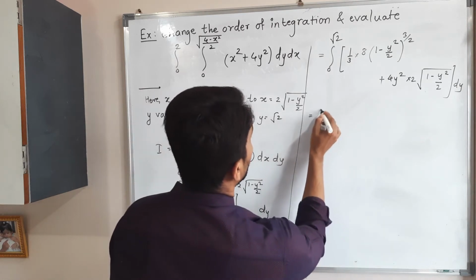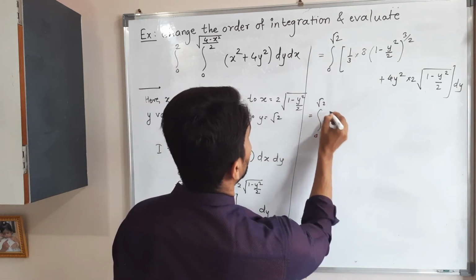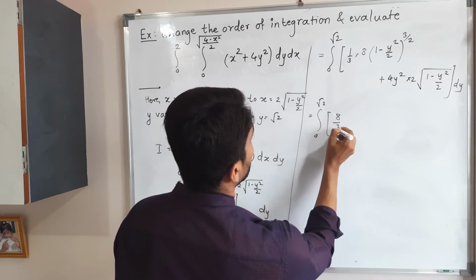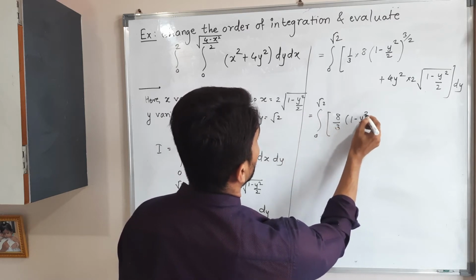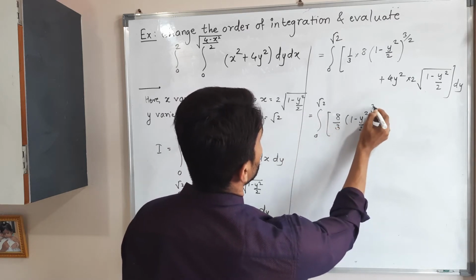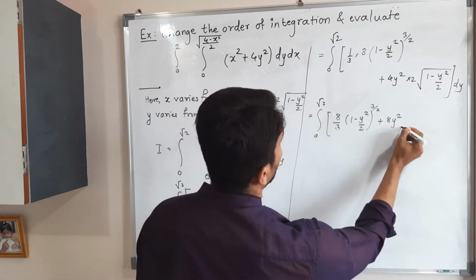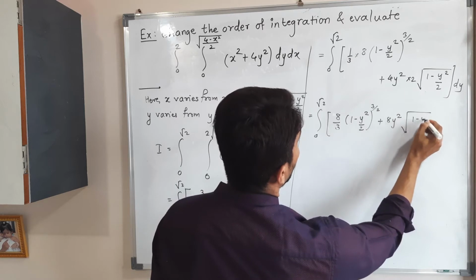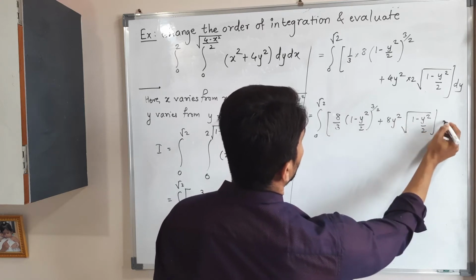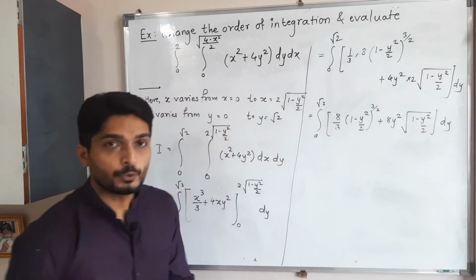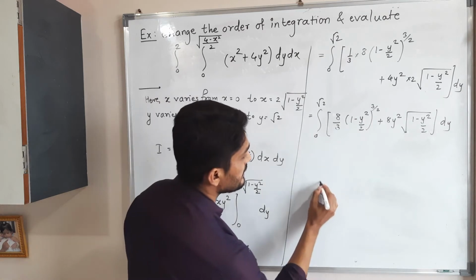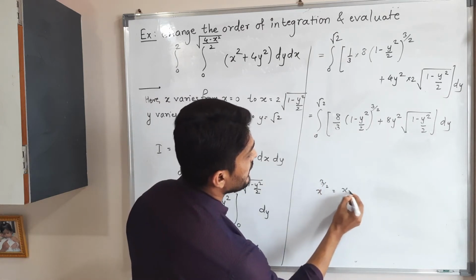So this is equal to integration 0 to root 2. We will have simply 8 by 3, 1 minus y square by 2 raised to 3 by 2, plus 8y square root 1 minus y square by 2 dy. Do you know one thing? When I write x raised to 3 by 2, it means x root x.